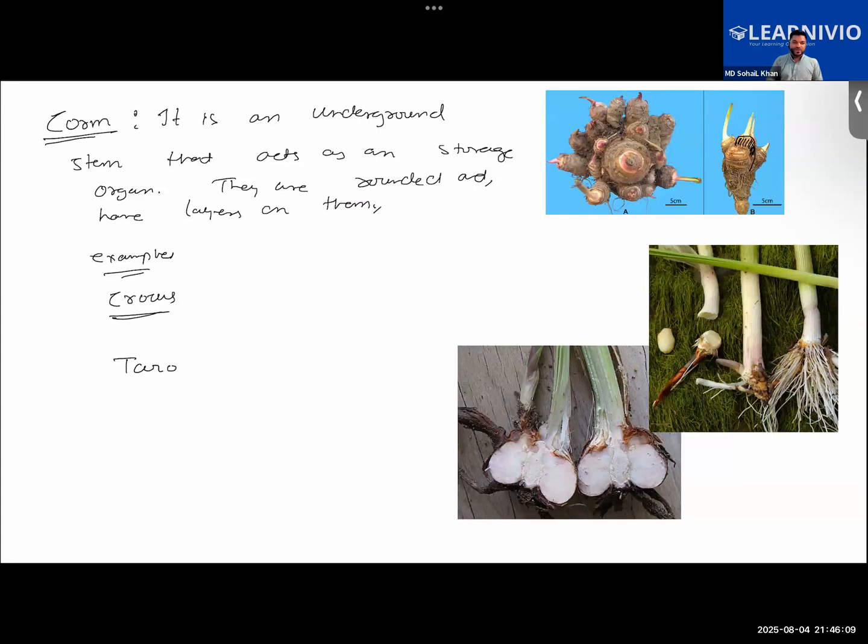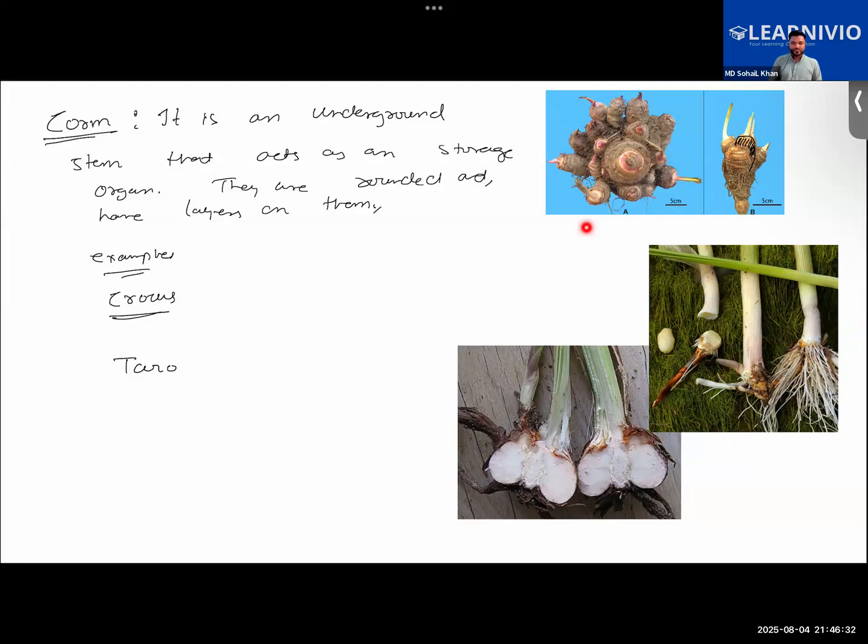Then we have another underground stem that is called a corm. Even I have some corms growing in my garden. It's also an underground stem, and it also stores food. I also think I have a few corms in my homeland.